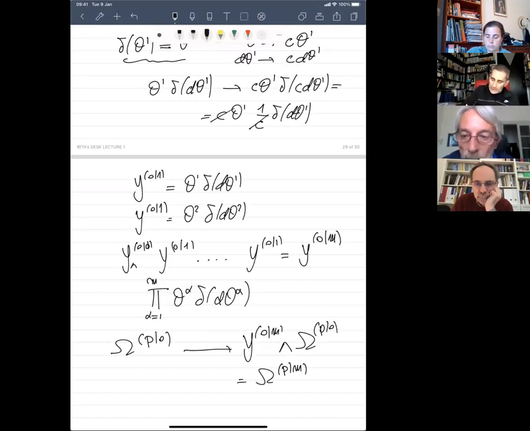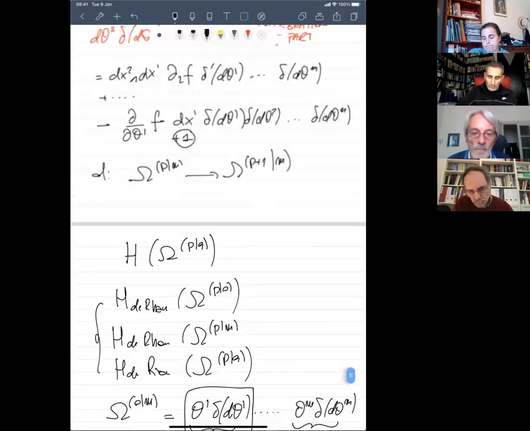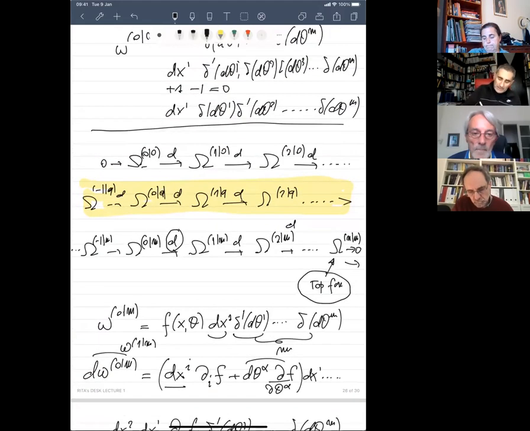This object is known in the literature as the picture changing operator, because it changes the pictures. Going back to our drawing, the picture changing operator acts vertically: it moves vertically among those spaces, producing pseudoforms and integral forms from superforms.